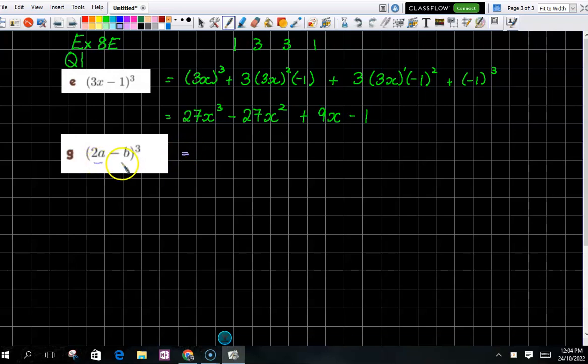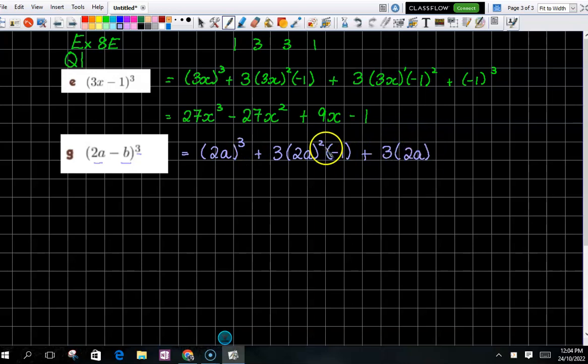Okay, so this one again, same thing. So there's your first term, second term. So this is going to be 2a. Okay, once again, there's your power, so 2a cubed plus, then it is, oops, so 1, 3 lots of 2a, that's now squared, times negative 1, plus 3 lots of the first term, but it's not squared anymore, right?